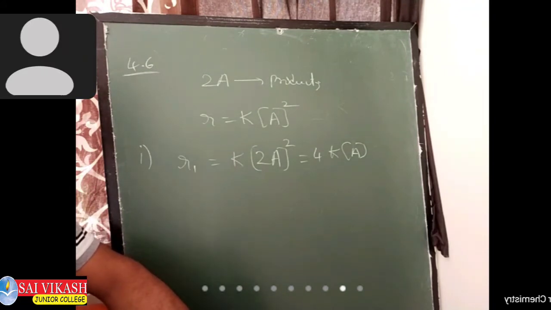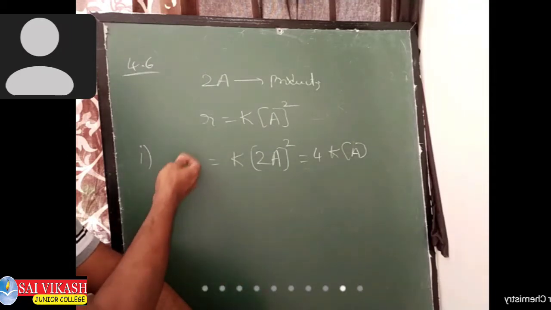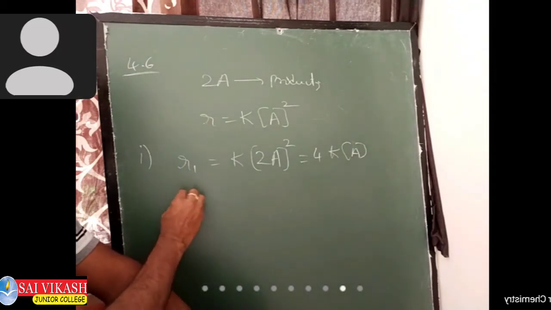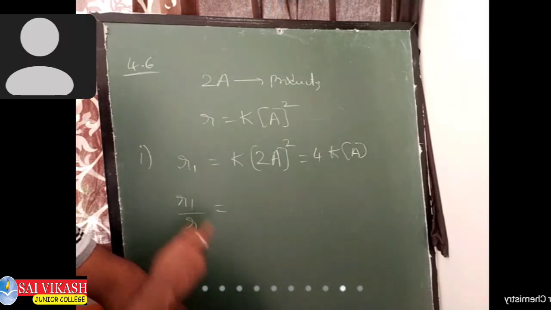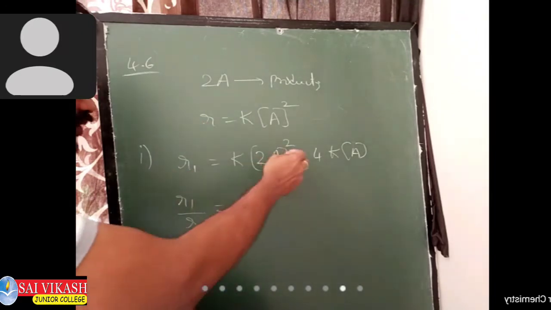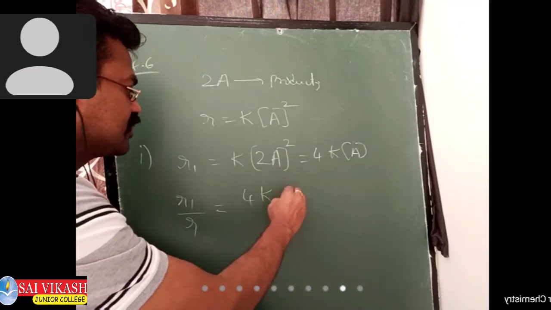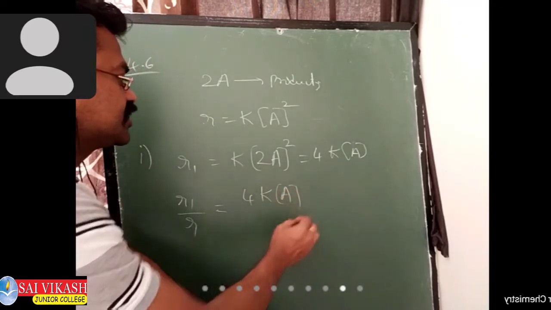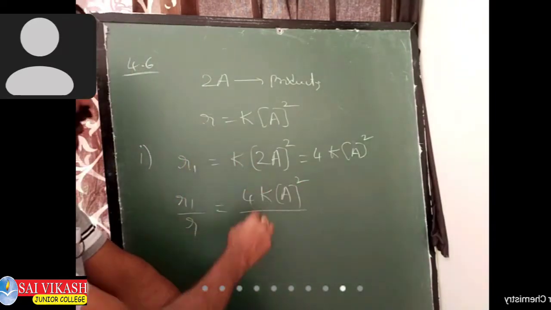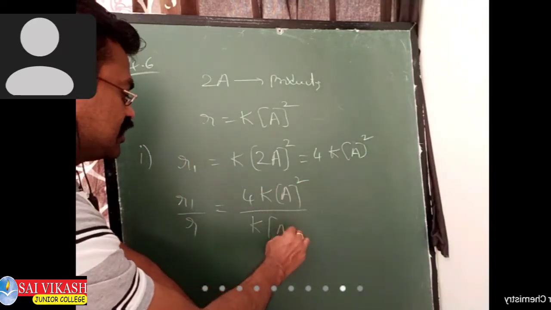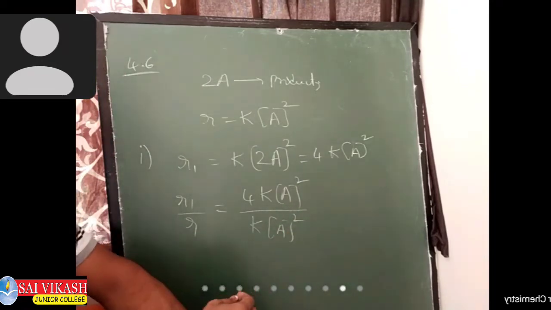So how many times is it increased? You have to show. For this, write the ratio, that is, take R1 by R. R1 by R: the R1 value we got is 4 into K into the molar concentration of A squared, by the R value, which is K into the concentration of A squared.